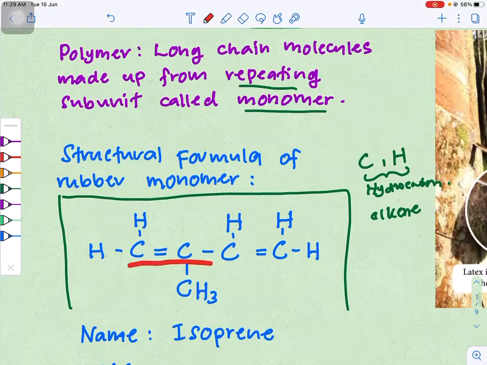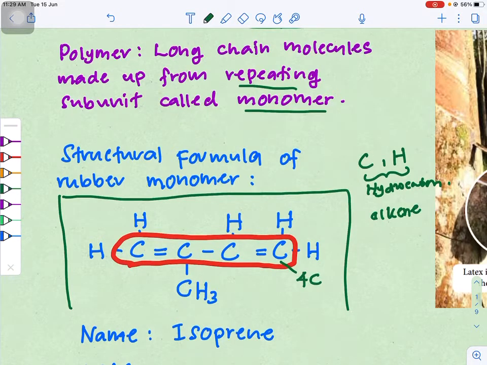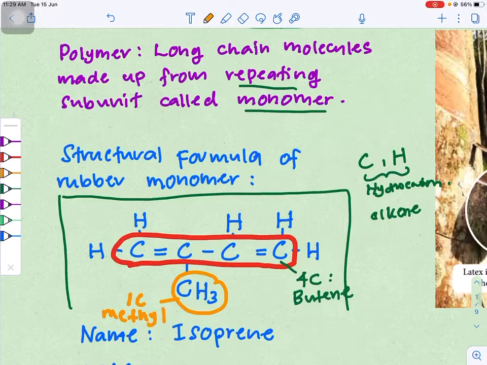This is our longest chain, containing 4 carbon. With 4 carbon, the base name is butene. And we have a side chain of 1 carbon, which is methyl.